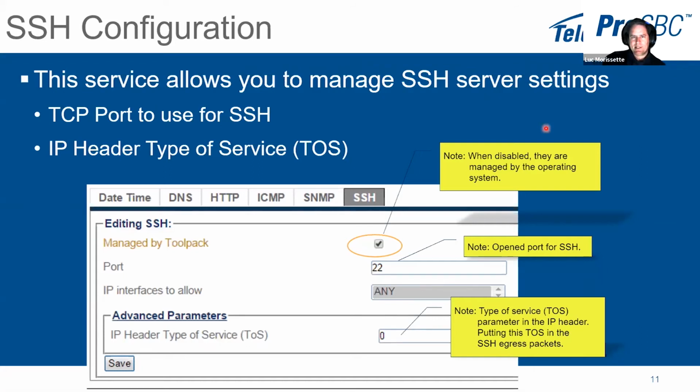The last one is SSH, and the only thing you can do here is change it to be controlled by Toolpak or by the system. By default, SSH is not controlled by the application, so you access it separately in the system. But here you can decide to have it managed by the SBC, and then you can choose which interface you want to allow here.